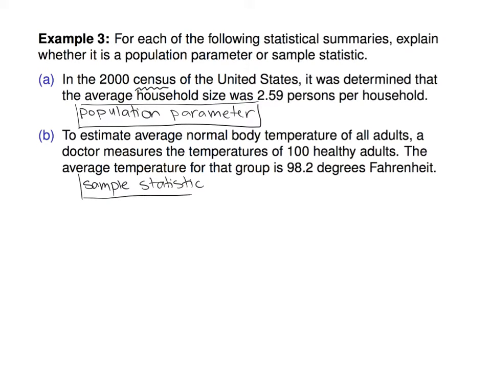And a question we'll learn to answer later in this class is, as this number is smaller than 98.6 degrees, which is kind of what we take as being the healthy average temperature, is there reason to suspect that that 98.6 is actually set a bit high? So we will do some data analysis later in this class to answer that question.